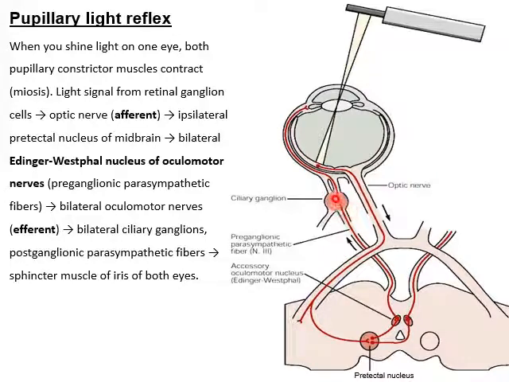Then the postganglionic fibers reach the sphincter pupillae muscle of the iris of both eyes. So when you shine the light on one eye, both pupils will constrict. This constriction is also called miosis. You will see miosis in both eyes.